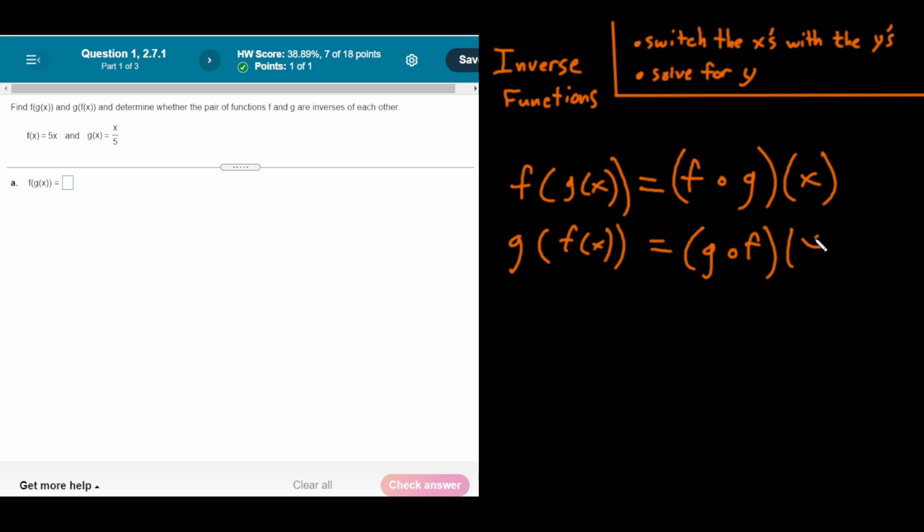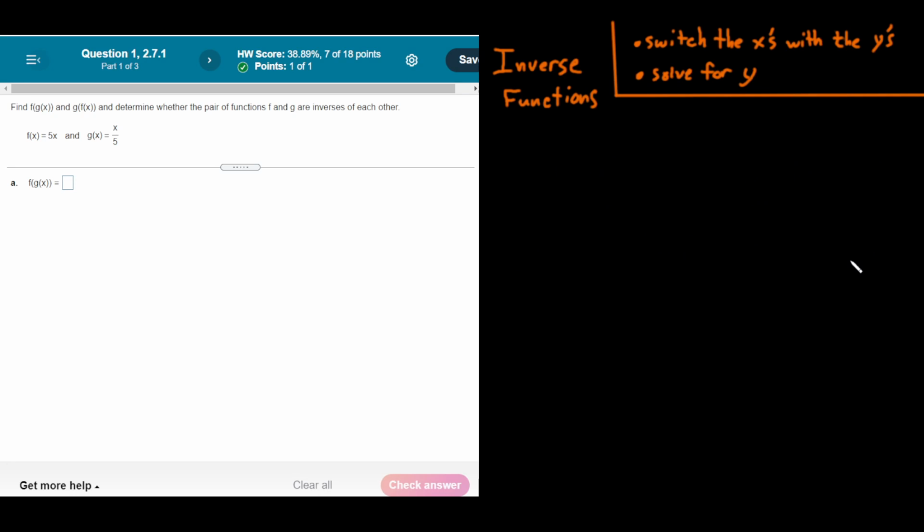I don't know what you guys are calling it. But yeah, we basically find these. And if one of them is equal to a regular variable x, then they will be inverses of each other. So if the first one is x, then the second one is most definitely going to be x. So I'm going to show you guys that example right now.